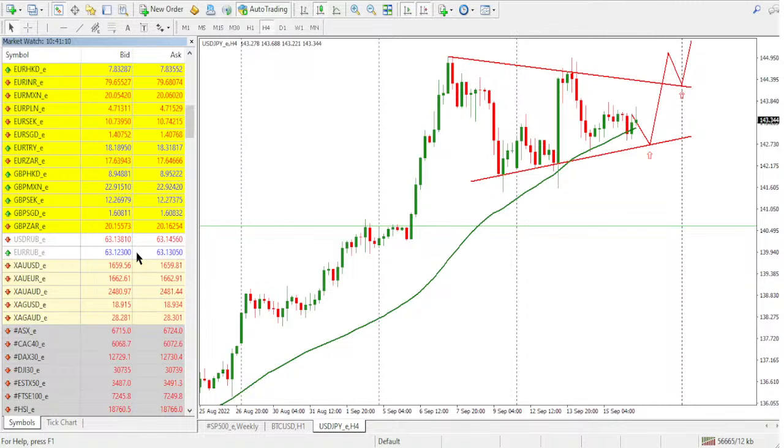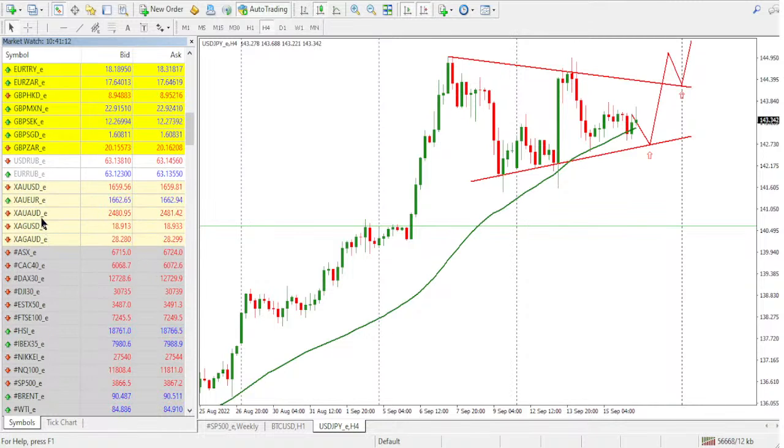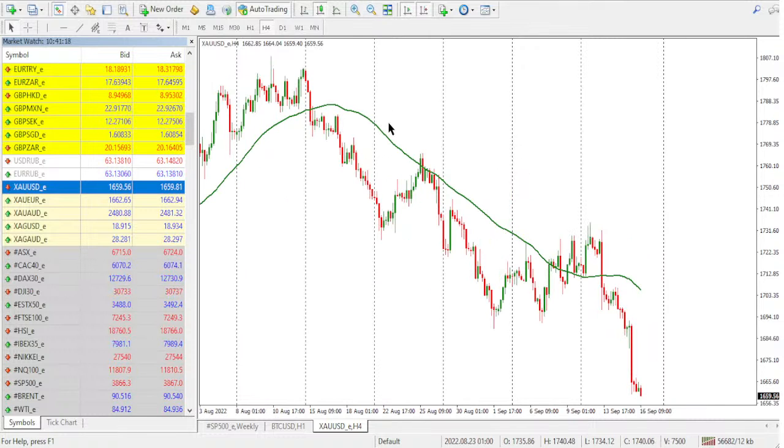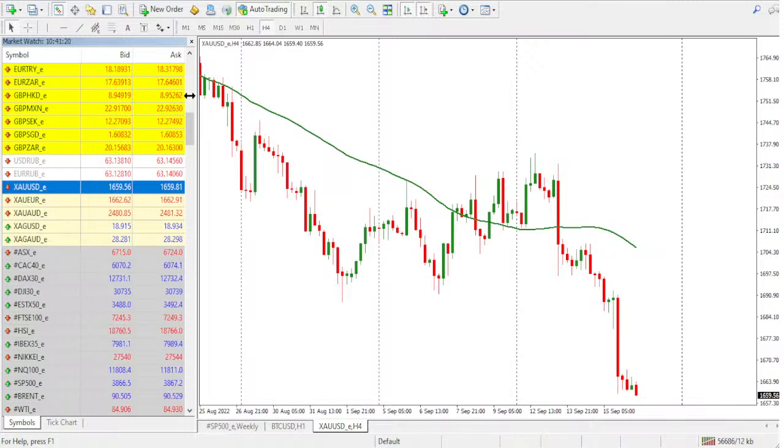So let's see, our next chart is gold. So on gold, so far this is a very good downtrend. You remember yesterday we drew a line. And a line like that, then we had something like this.